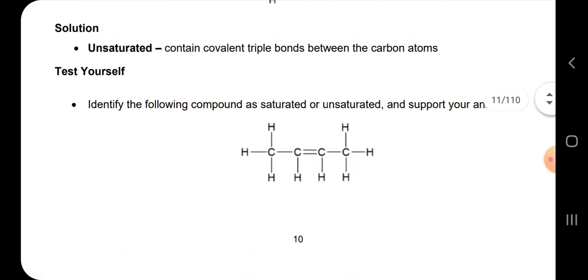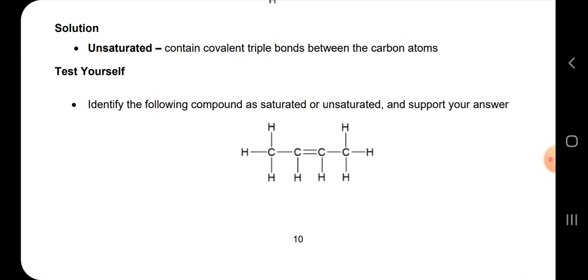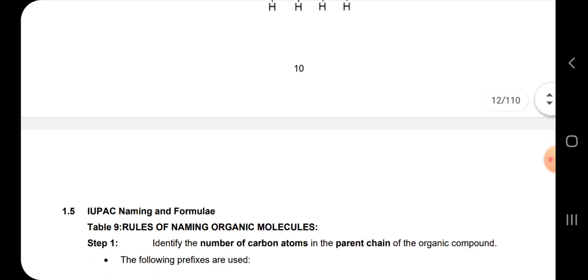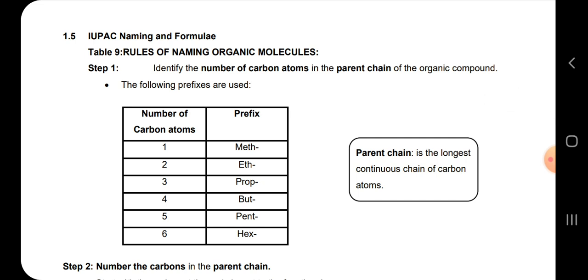Like up here, these carbons are in a straight line. The first one, the second one that has 1 H, the third one has 1 H, and the last one has 3 H's. So this is the main chain, and this main chain can also have branches.